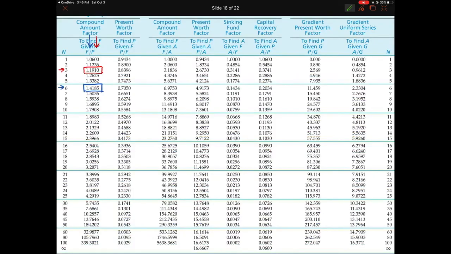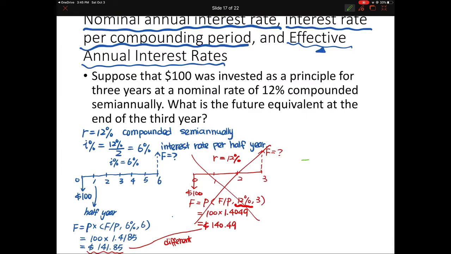So you may wonder, if we really want to convert it year by year or compound it year by year, we have 100 at the beginning, and after 3 years we're gonna have a future value which is 141.85.